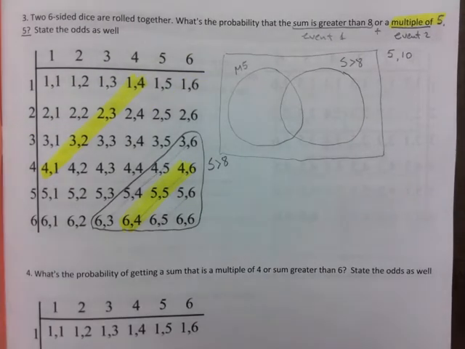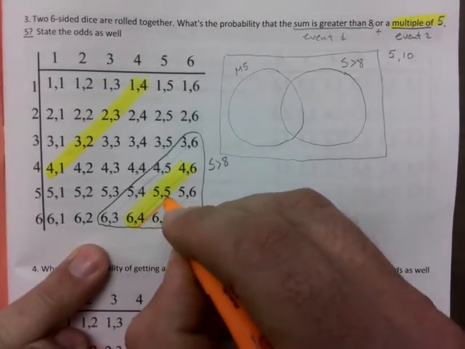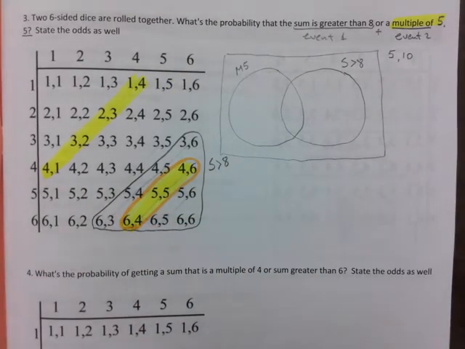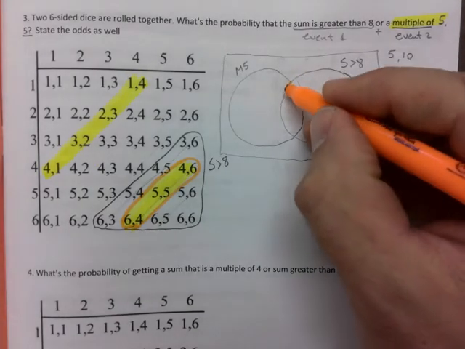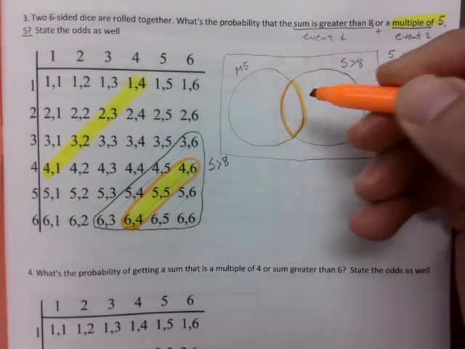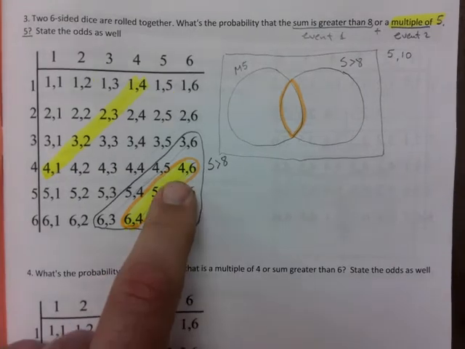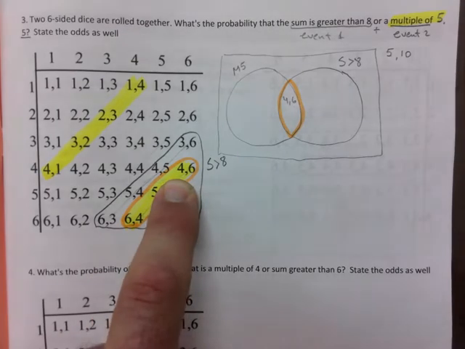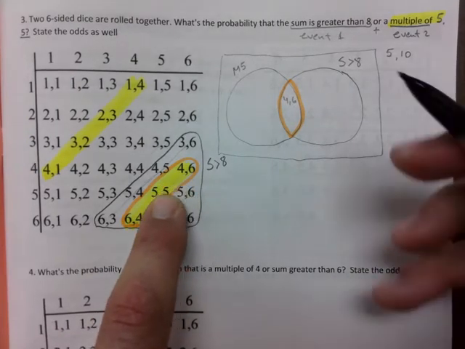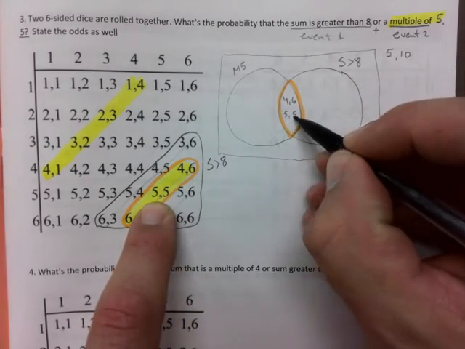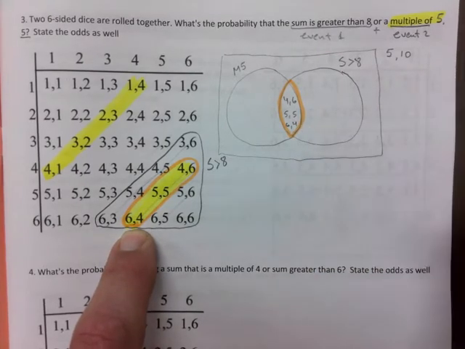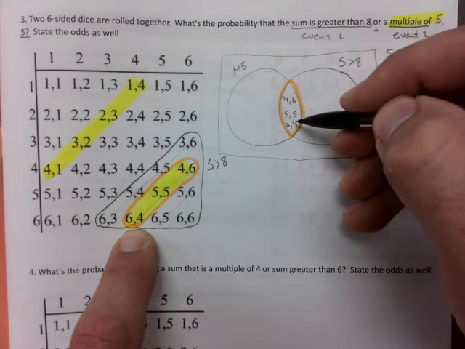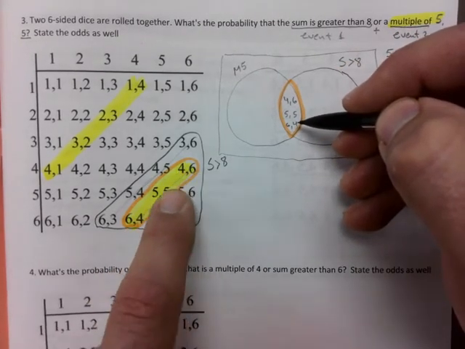I'm going to go orange around these because those are the overlap. That would represent this region in our Venn diagram. So that would be 4, 6, 5, 5, 6, 4. This is the one they have in common.